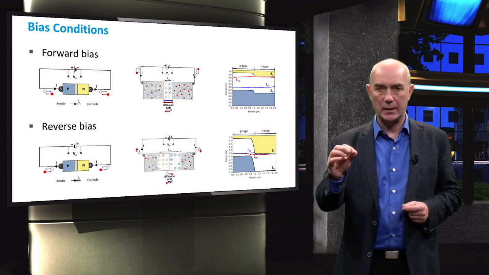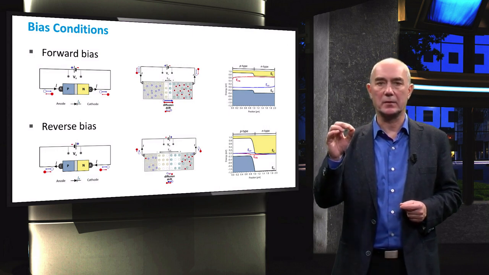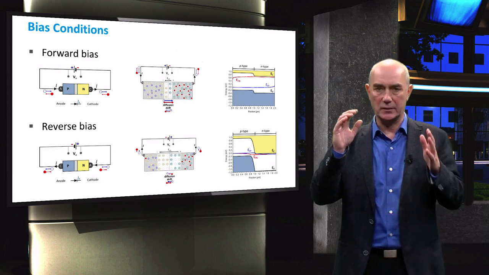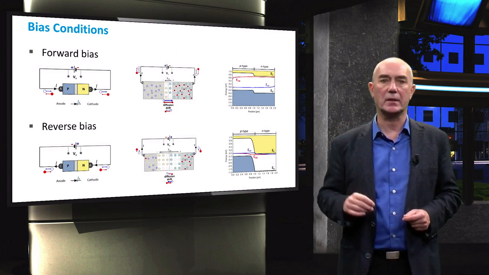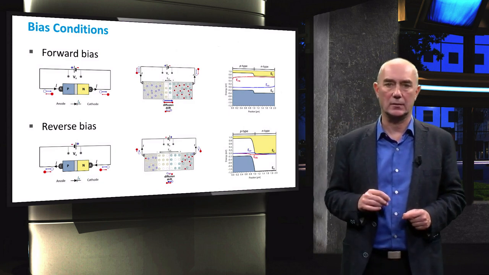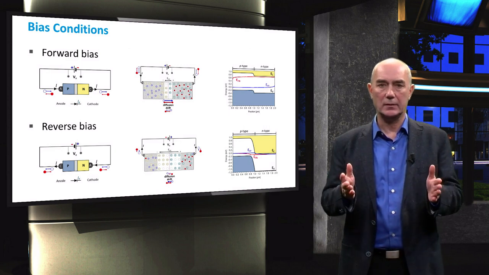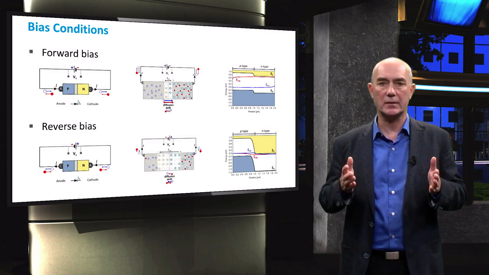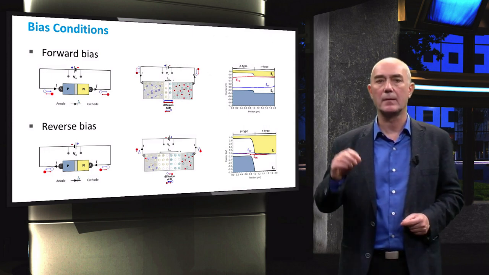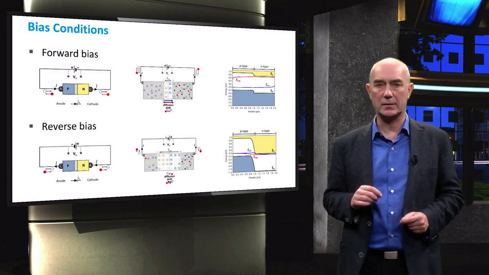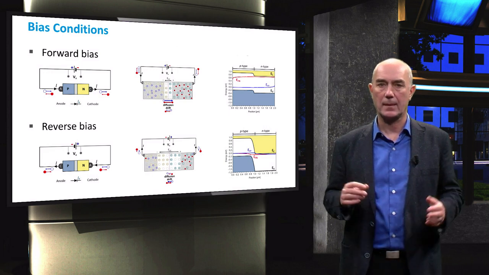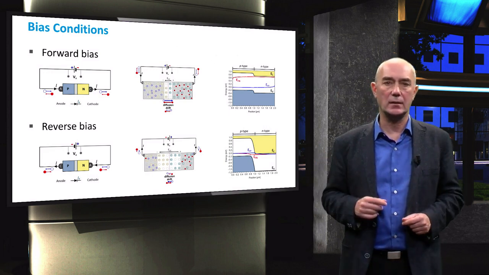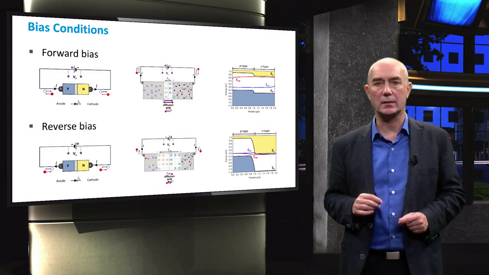The slope and the area between the quasi-Fermi levels is an indication of the direction and amount of current flowing through the diode. The profile, the direction of slope, and the area between the quasi-Fermi levels is notably different when compared to the forward bias condition.